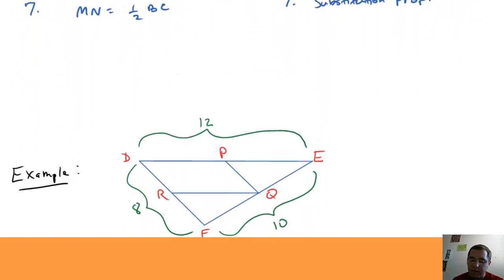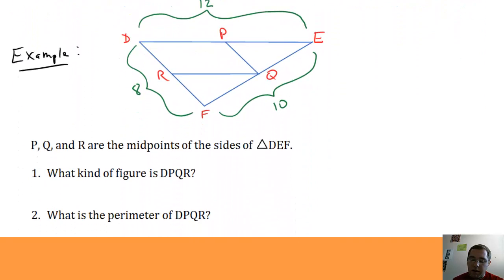One quick example of this. I've got this triangle, DEF. I've drawn the midpoint of DE, which is P, the midpoint of EF, which is Q, and the midpoint of DF, which is R. So P, Q, and R are the midpoints of the sides of triangle DEF. What kind of figure is DPQR?